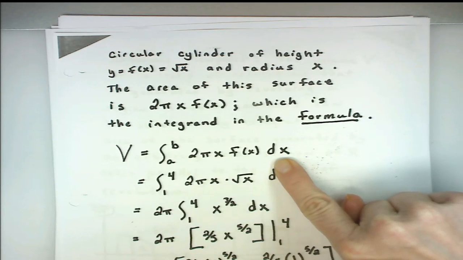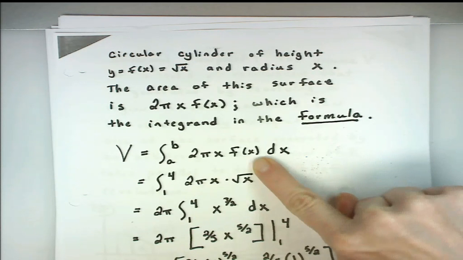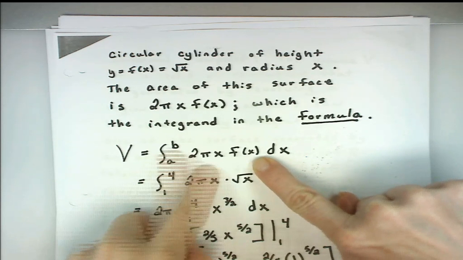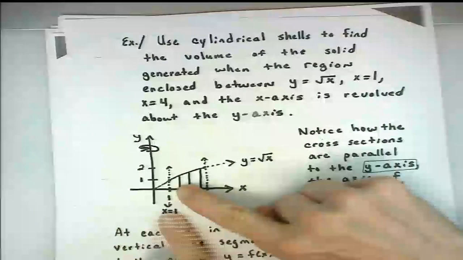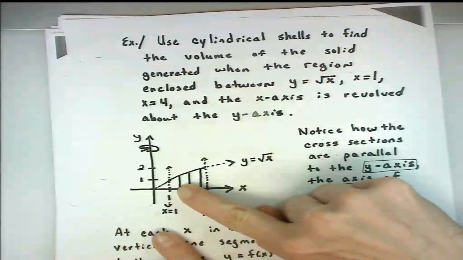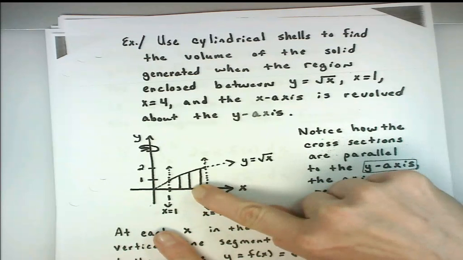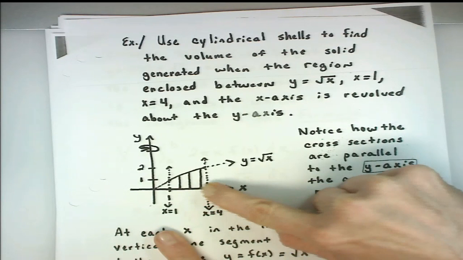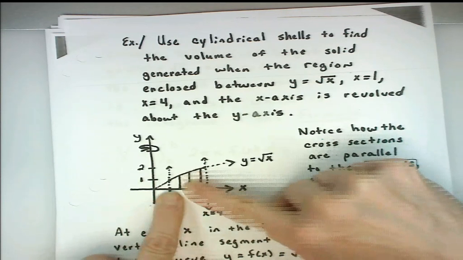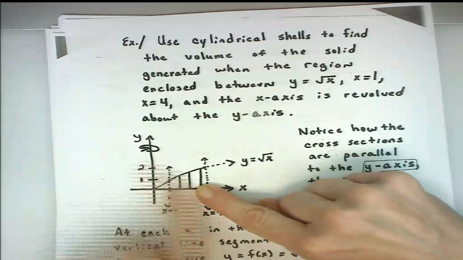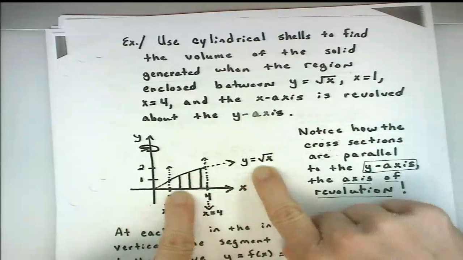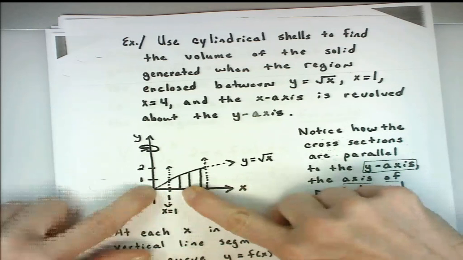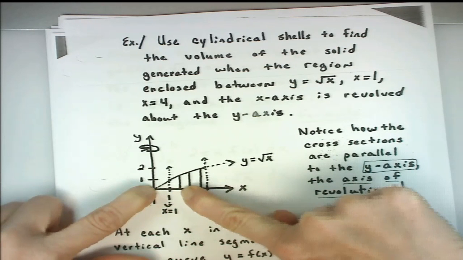Those cross sections sweep out cylindrical shells, and the area of any cylindrical shell is computed. The distance from 0, 0 to the cylindrical shell here is going to be x.